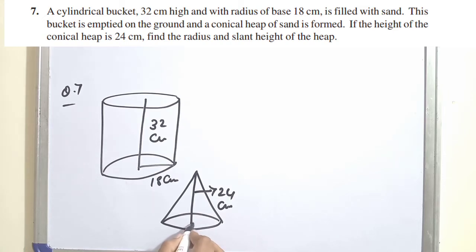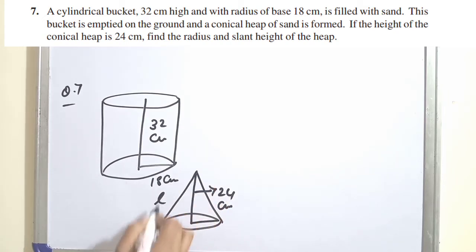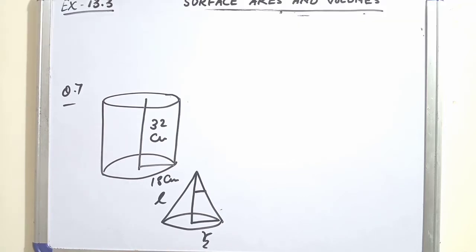You have to find this radius R and this slant height L. So the volume of this conical heap is equal to the volume of this cylinder, because this conical heap is made using this sand. Are you getting my point, students?